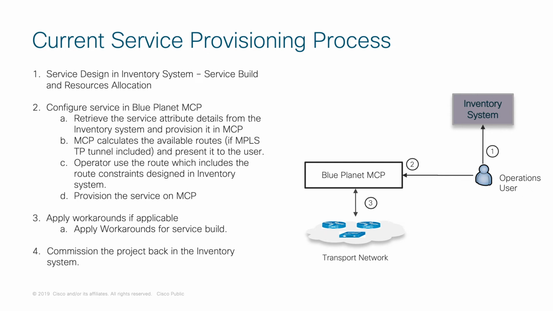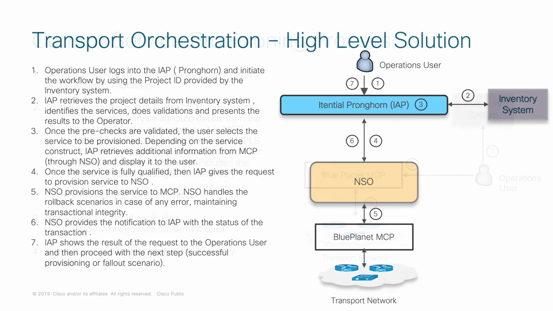So the customer wants to use NSO and also the workflow system which we use here from Itential for the solution. So the orchestration is done based on this: once a customer enters the project ID into the IAP, the IAP retrieves the details from the inventory system and then shows all the required elements to the user.